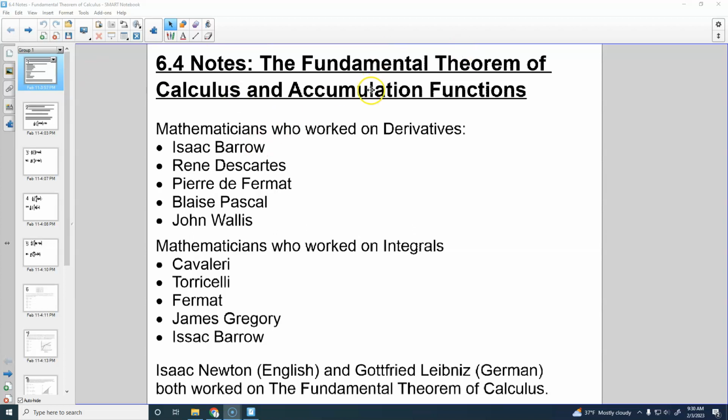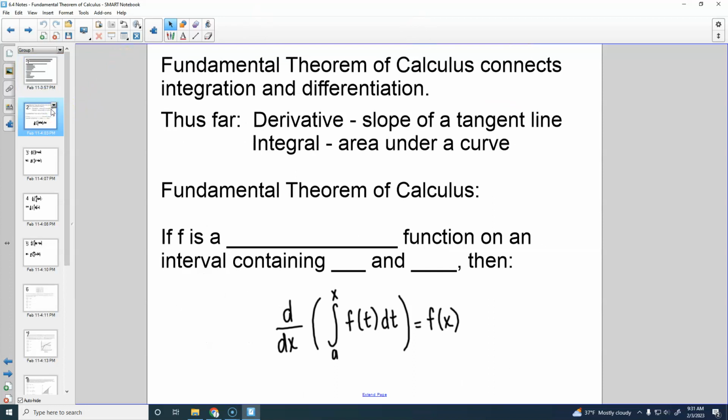So anyway, this is a big deal. It is what pulls calculus together, because otherwise calculus is just a study of two separate things. So the fundamental theorem of calculus connects integration and differentiation.